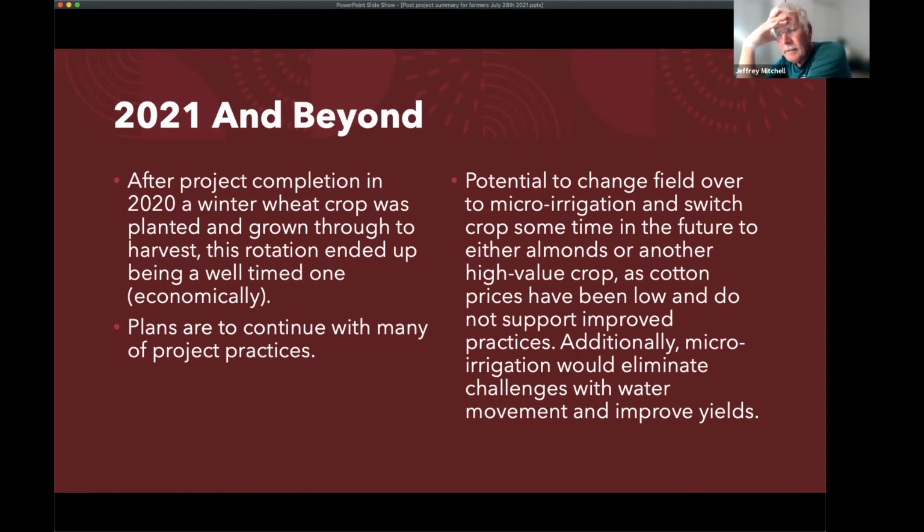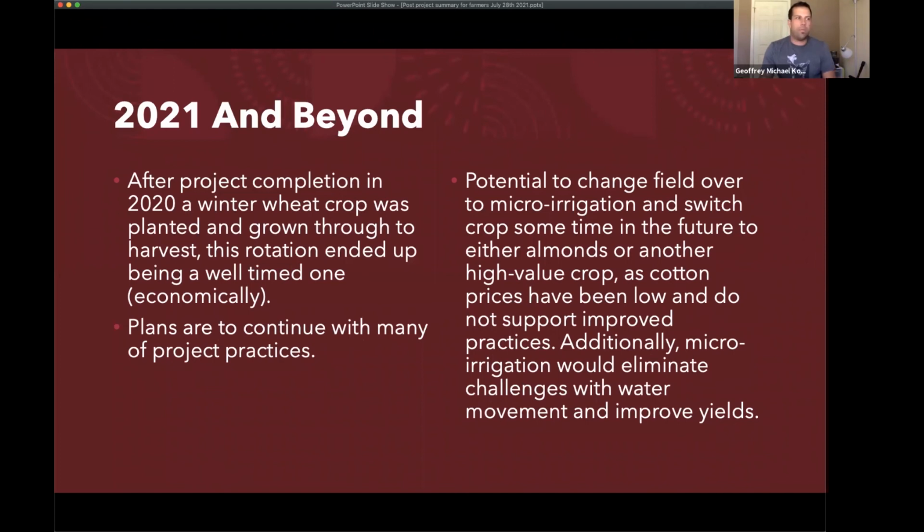Jeff, go ahead, I just have a couple more slides here. 2021 and beyond, after project completion, we've been talking about the winter wheat crop that was planted and grown through to harvest. This rotation ended up being well timed and economical. You got money not only for the wheat, because the wheat prices were good, but also for the straw.